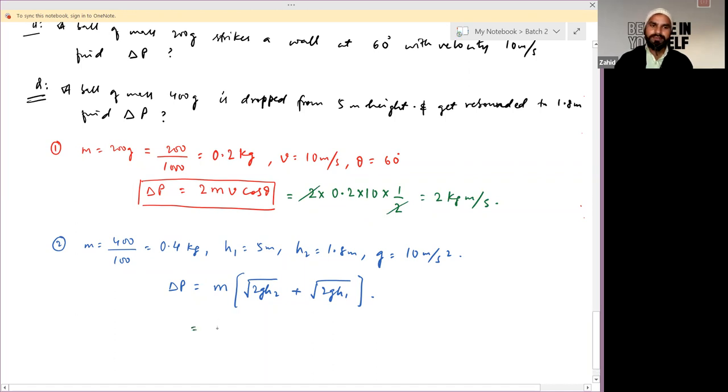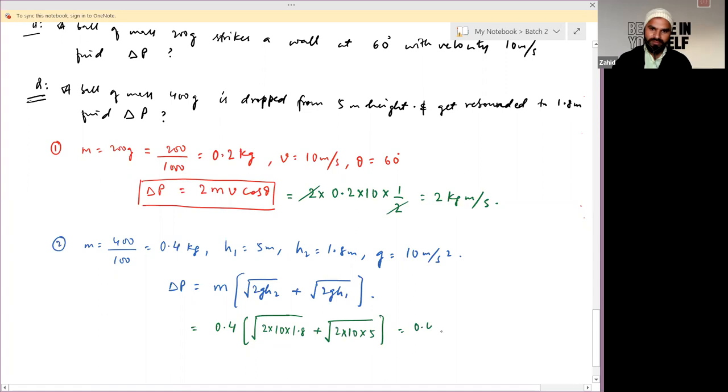Similarly, in the second part, we have mass as 0.4 root under 2 g, where g is gravity, which is 10, H2 is 1.8, plus 2 g, H1 is 5.